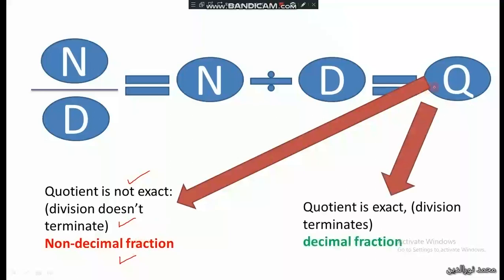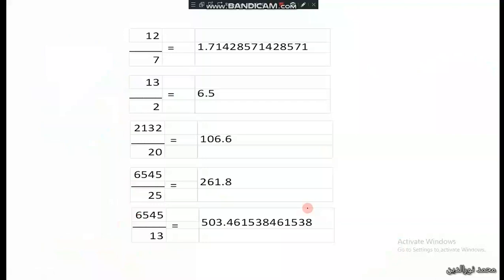Or the quotient could be exact, meaning I have two digits to the right of the decimal point, or three digits, whatever. If it's exact, it means the division terminates. The division process will end and I will have a limited number of decimal digits. So we say that n over d is a decimal fraction.